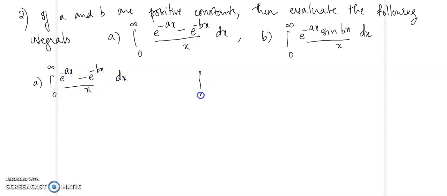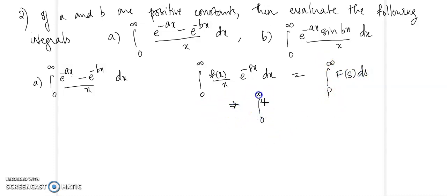So we will use the result that the integral from 0 to infinity of f(x) by x e raised to minus px dx is equal to the integral from p to infinity of F(s) ds. So that implies the integral from 0 to infinity of f(x) by x is equal to the integral from 0 to infinity of F(s) ds. This is the case when p is equal to 0.